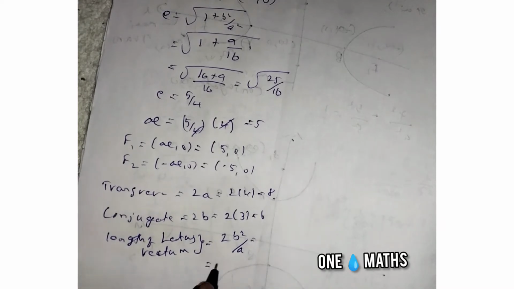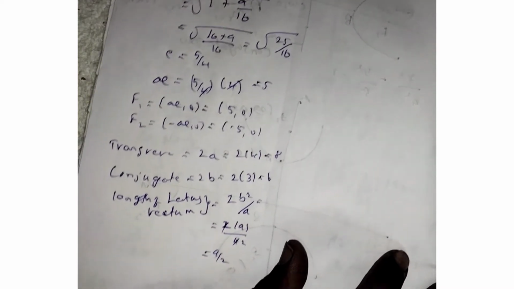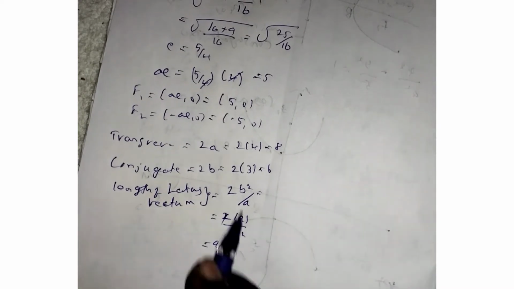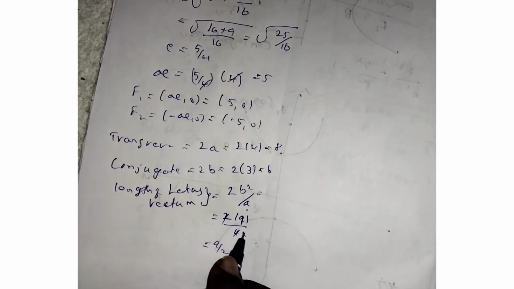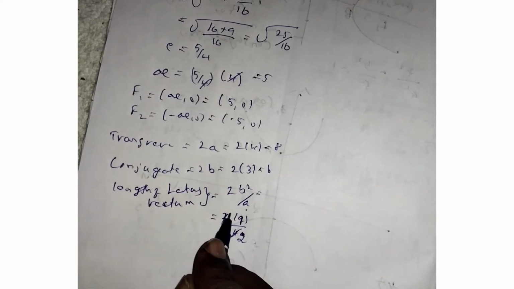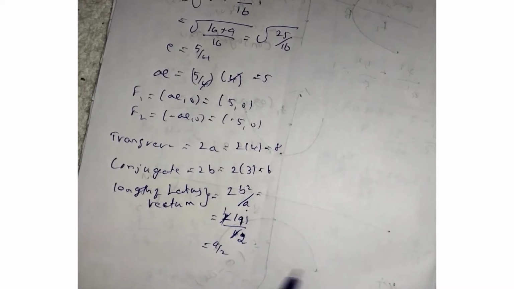The b squared value is 9, the a value is 4, so 2 times 9 by 4, cancelling a 2, gives 9 by 2. That is the length of the latus rectum.